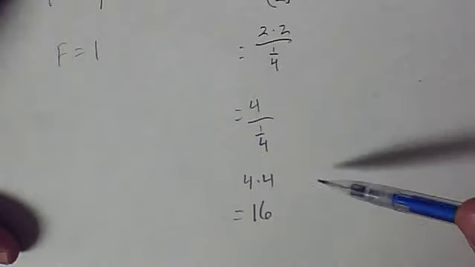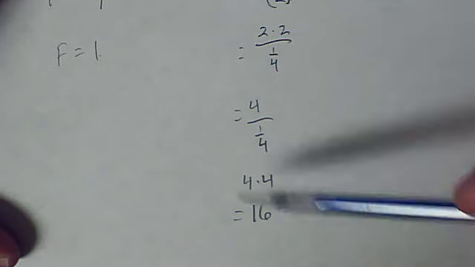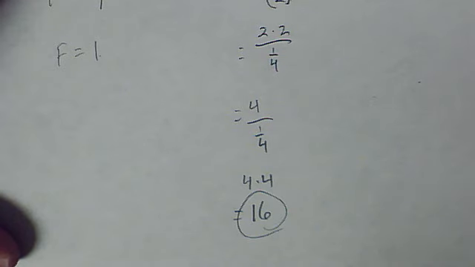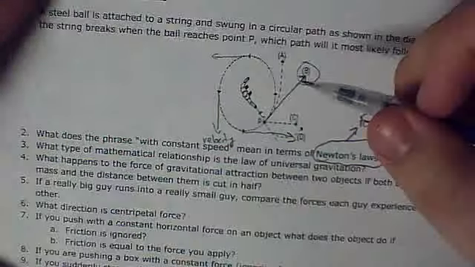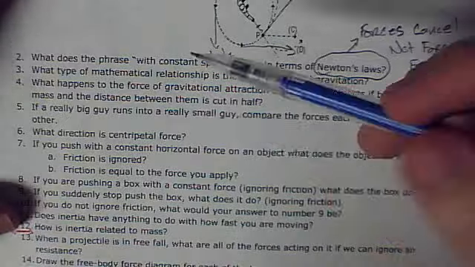Sorry, I was off the page. So originally I was 1, I doubled both masses, cut the distance in half, and now it's 16. So that means the force is 16 times greater than it was. It shows you what happens whenever you change the distance. It makes a really big difference in the force. That's that inverse square law in effect.